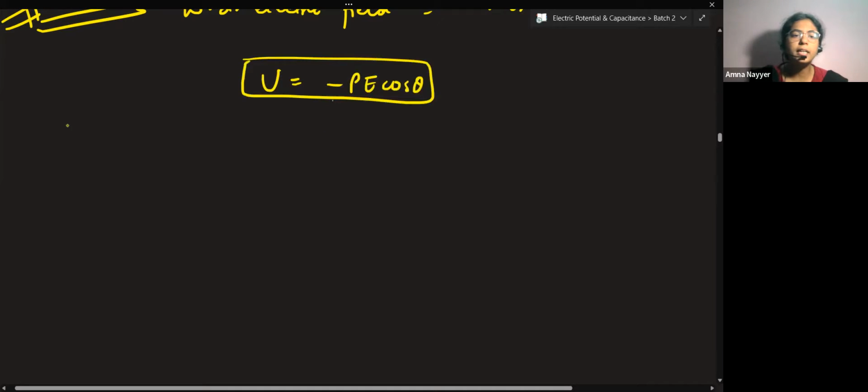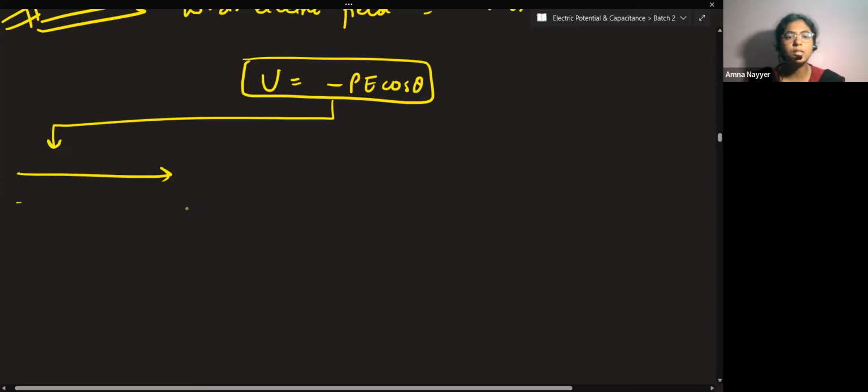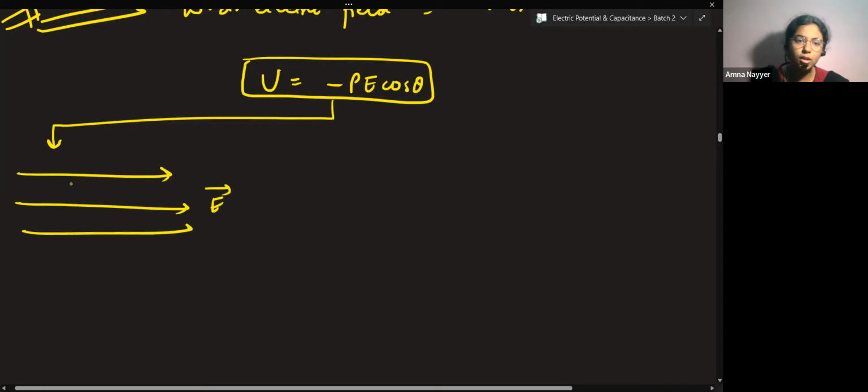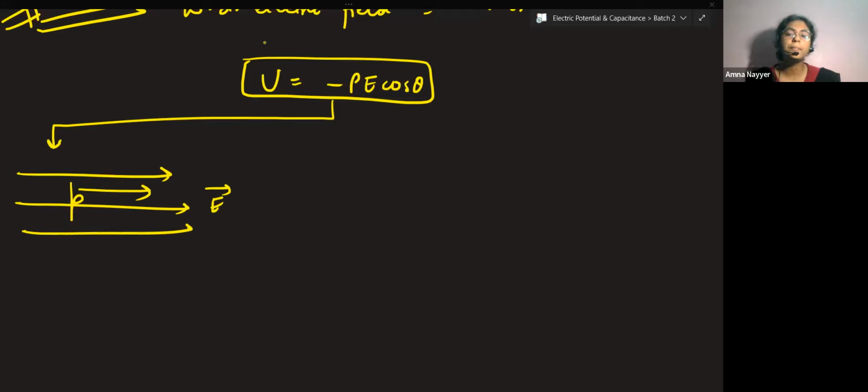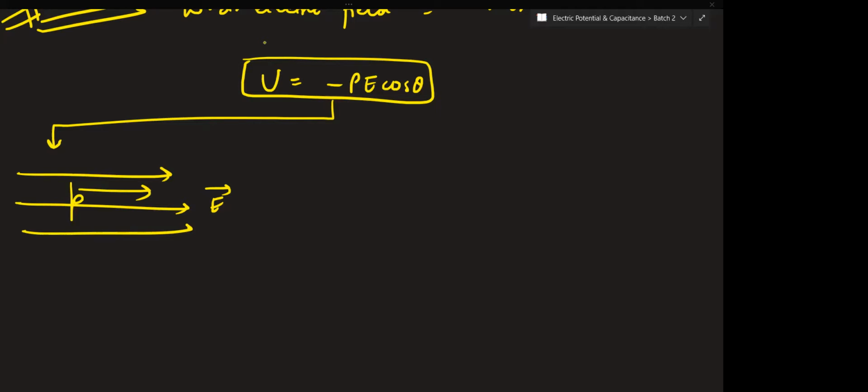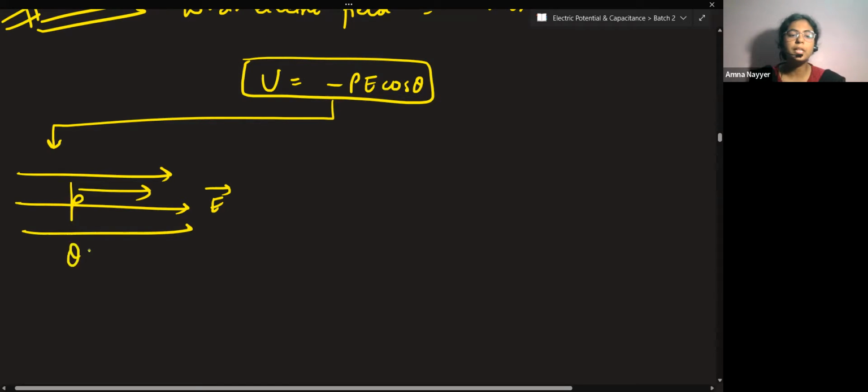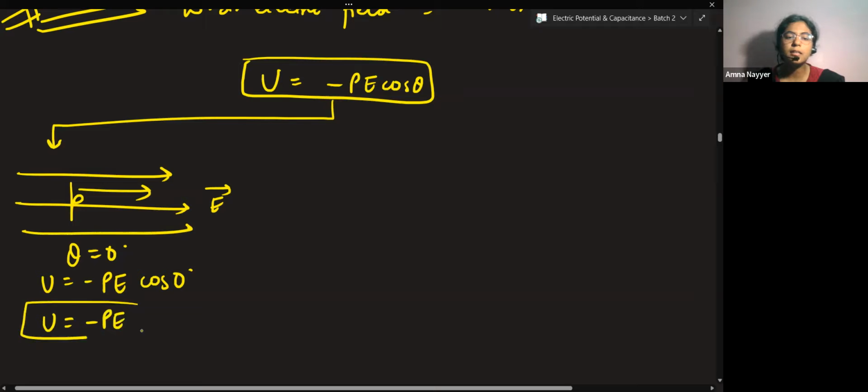Now you can get a case when this is your electric field, this is your dipole's direction, and both are parallel to each other. So your angle theta will be 0 degrees. If I put U as minus PE cos 0 degrees, this becomes U equal to minus PE.